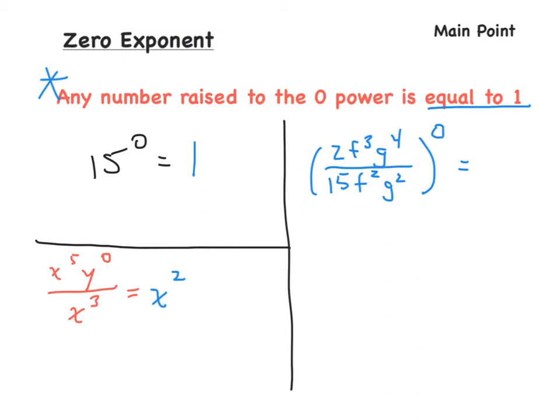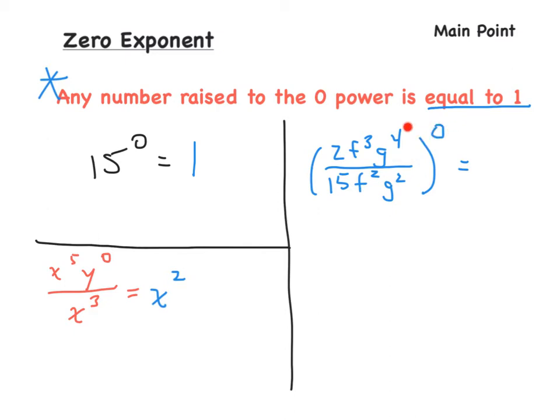So what I want you to do is try this whole one off to the right. This one's a little tricky. Remember, this whole thing is raised to the 0 power. So pause the video and try this one. Okay, so remember, I want to take this whole thing and raise it to the 0 power.